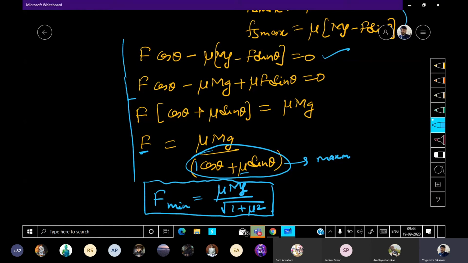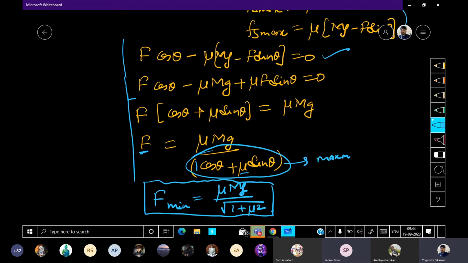So that gives us F min is equal to mu mg upon under root of 1 plus mu square. That is how we get the answer.